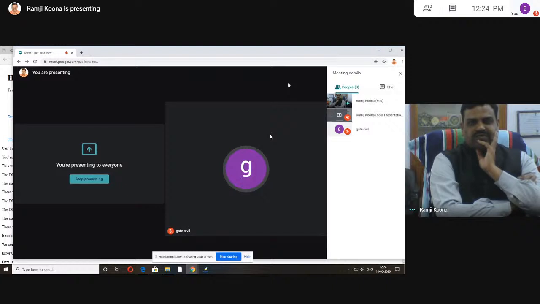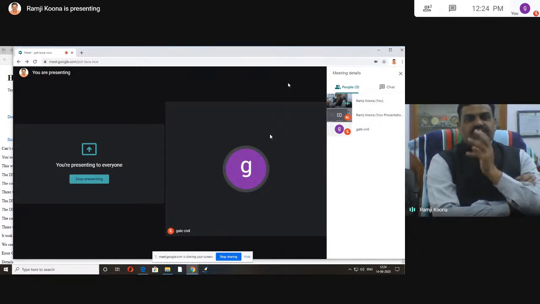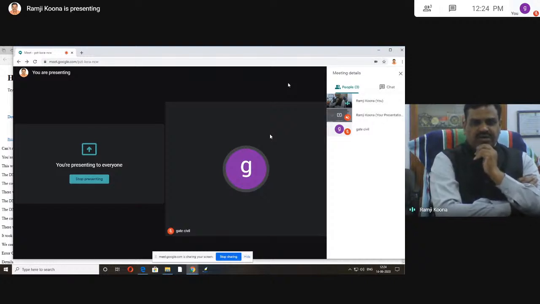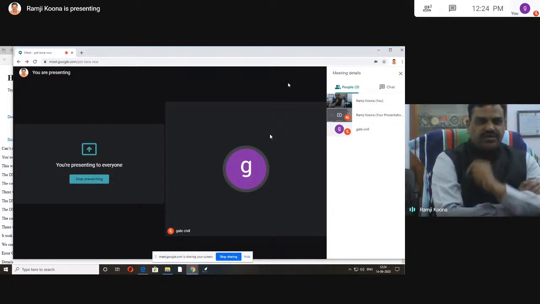The second one is center of mass or center of gravity, used to calculate moment of inertia, area moment of inertia or mass moment of inertia. We used some of these parameters, center of mass and center of gravity. So these are the 2 issues left in the statics part.